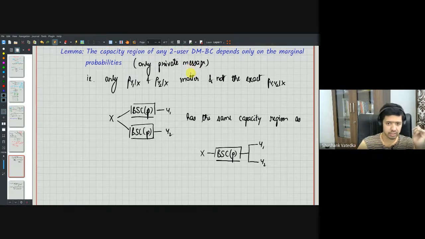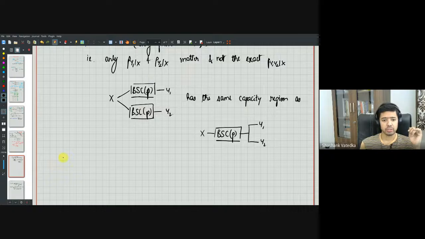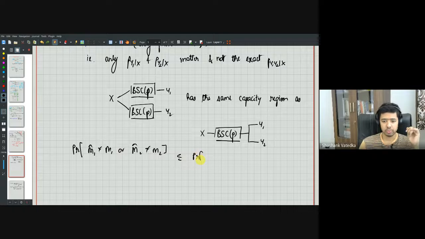The reason this is true is that the probability that m1 hat is not equal to m1 or m2 hat is not equal to m2, just by the union bound, is less than or equal to the probability that m1 hat is not equal to m1 plus the probability that m2 hat is not equal to m2.